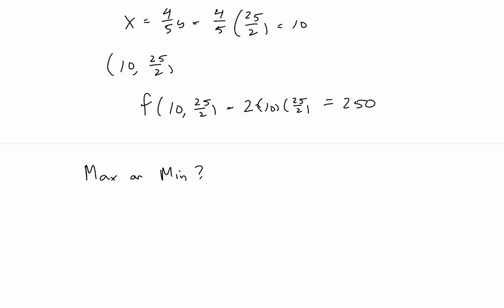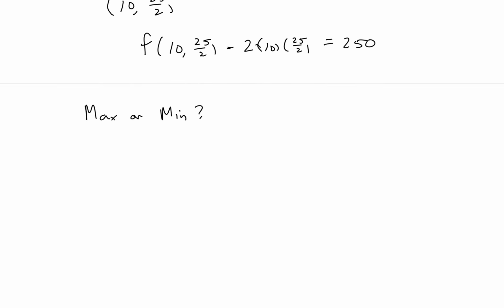So the way we do this is we pick another value on the constraint and see whether f evaluated at that point is bigger than or less than this. So pick another point on the line 5x plus 4y equals 100.